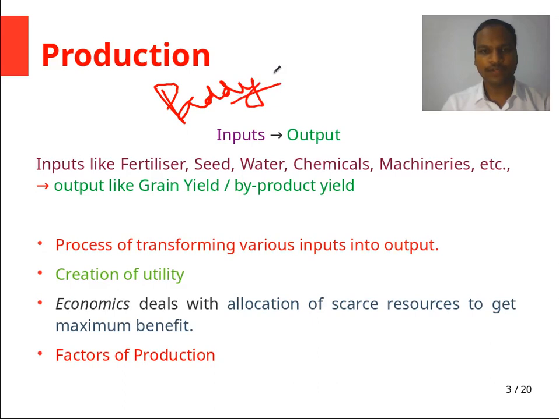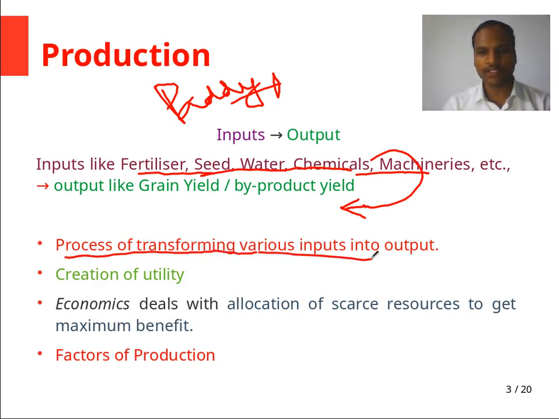He uses various inputs like seed, water, chemicals, machineries and fertilizers. These things are used for production of paddy. So this is called the production process. It is also defined as the process of transforming various inputs into output. So we are transforming these inputs into a particular output.